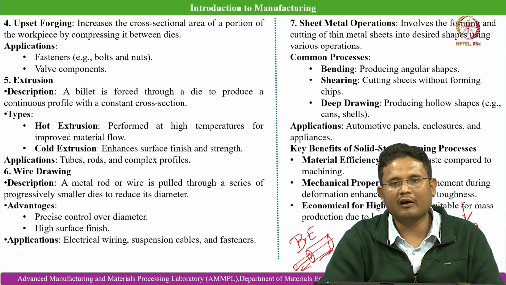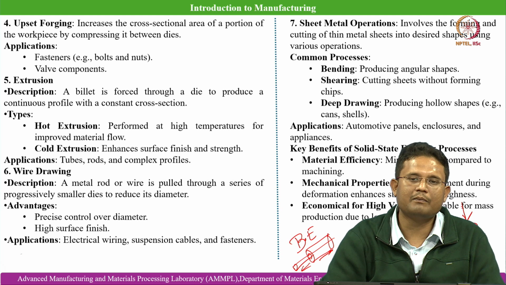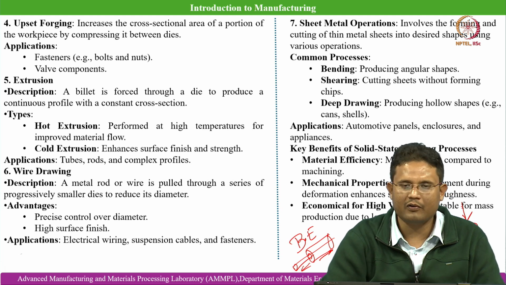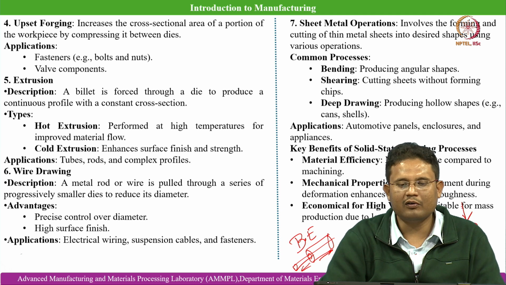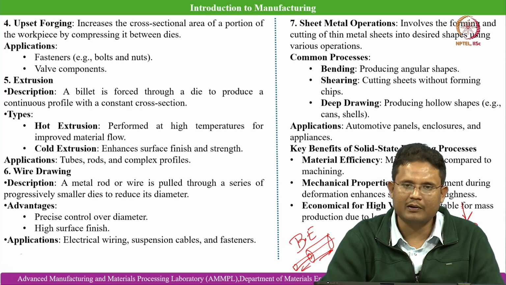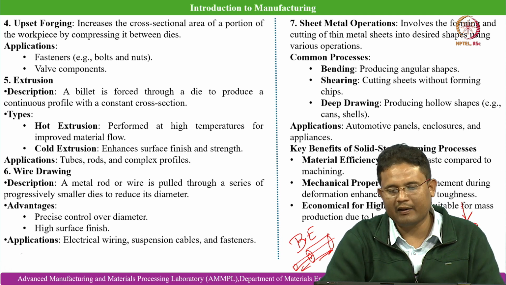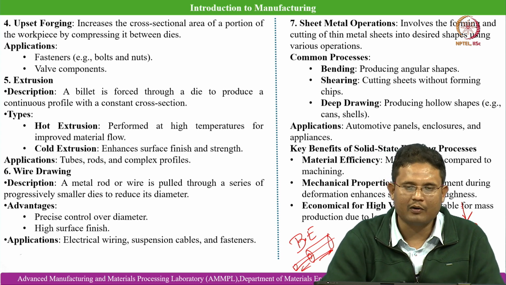The applications, like I told you, are in automotive panels, home decoration, and also several other office furniture. So, these are some examples of sheet metal operations, and these are the different solid state forming processes that I have discussed until now.